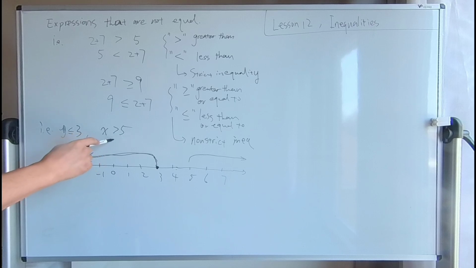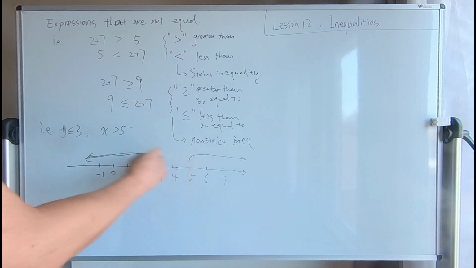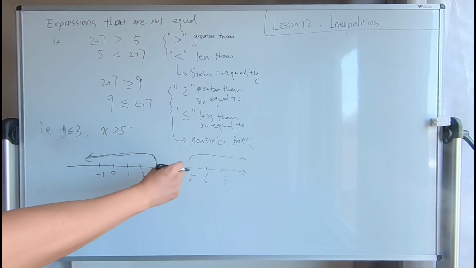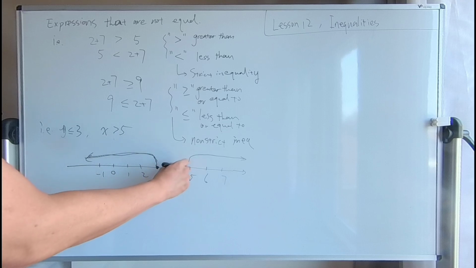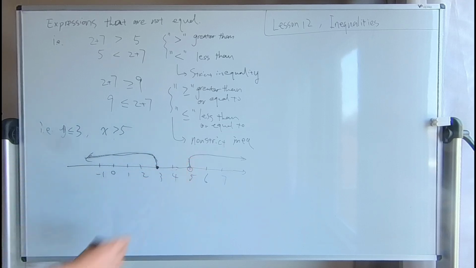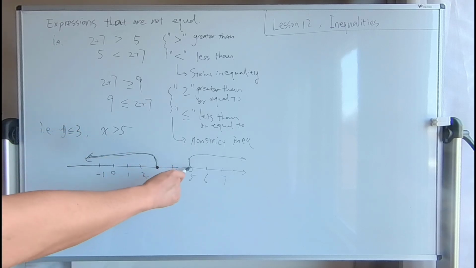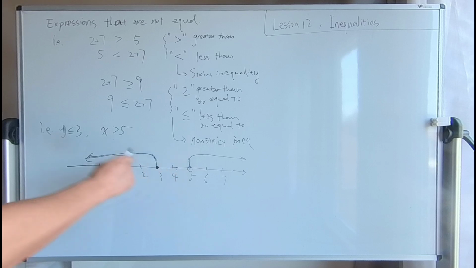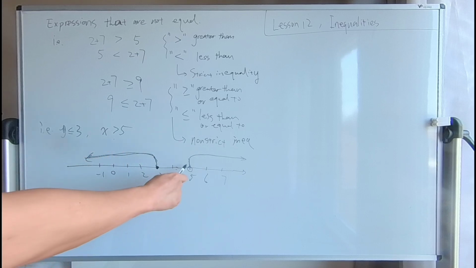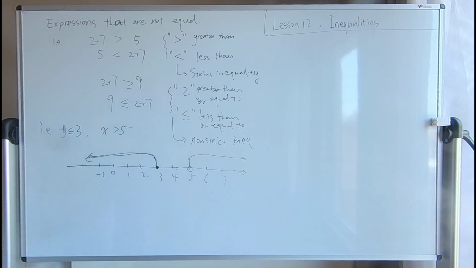It doesn't, because this is a strict inequality. It's strictly greater than 5. So usually if it's strictly greater than a number, we use a hollow circle to represent the strict inequality. So the second inequality can be demonstrated in this way on the number line.